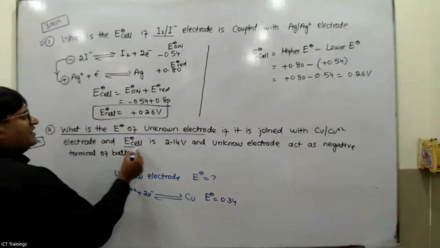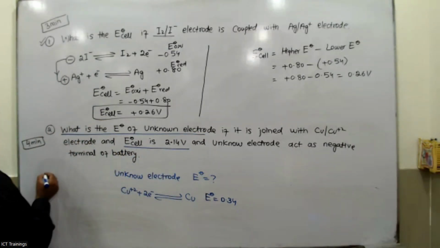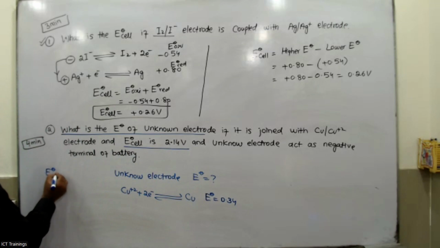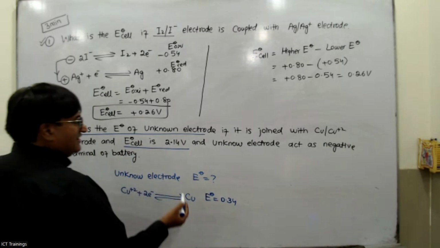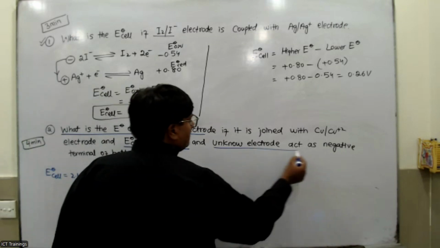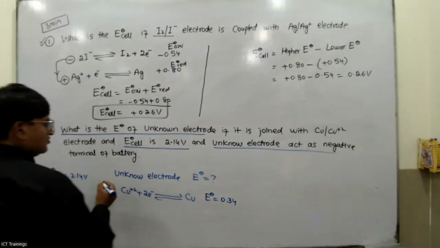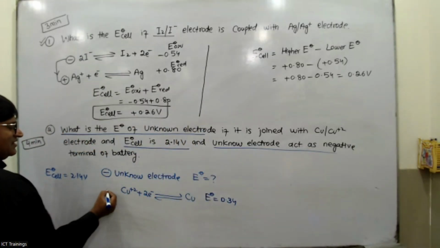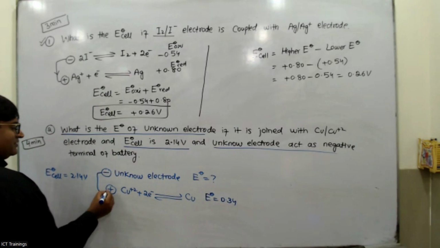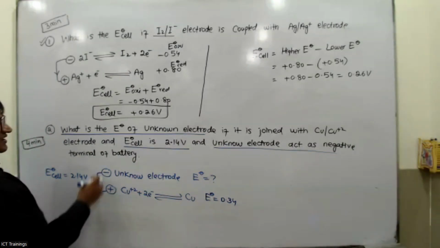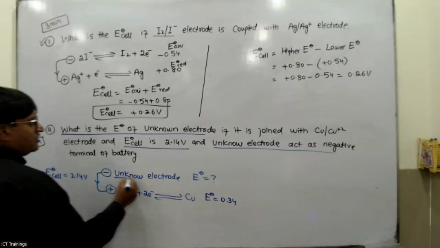Now the next part we are going to read. He's saying the E naught of cell is this one, so he has given us the E naught of cell, which is 2.14 volt. The next thing he is saying is that the unknown electrode acts as the negative terminal. So it means this is the negative terminal and this is the positive terminal, and electrons would flow from negative terminal to positive terminal. So this is more reactive.